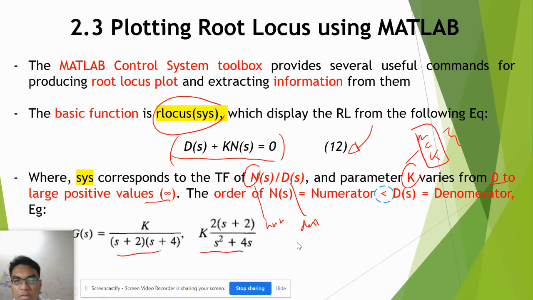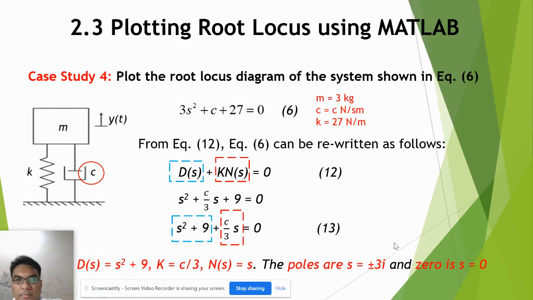Let's see the example here on the previous one. You can refer back to the different c values. The equation previously, equation number 6, we will plot to verify our earlier sketching. We have this characteristic equation of roots, and from this you can rewrite it using equation number 12 in this form.